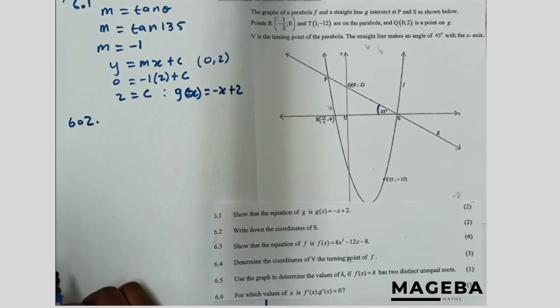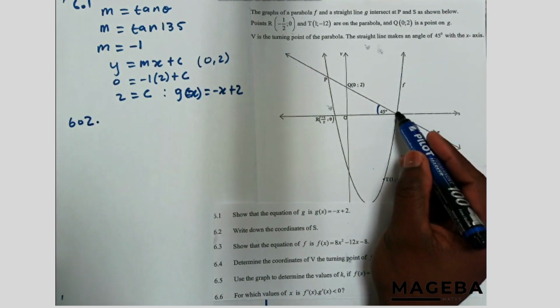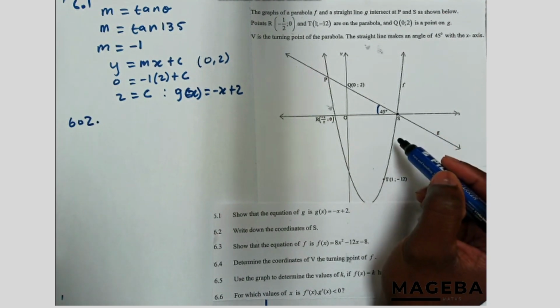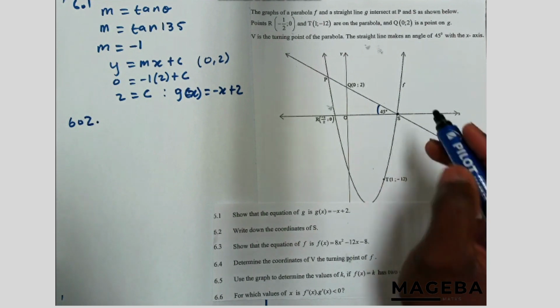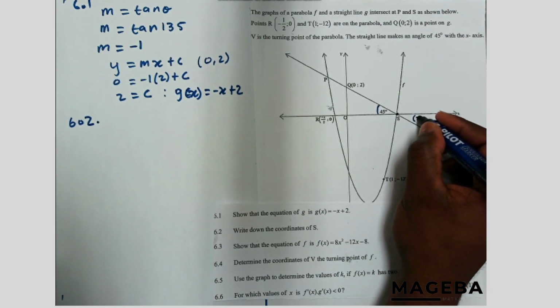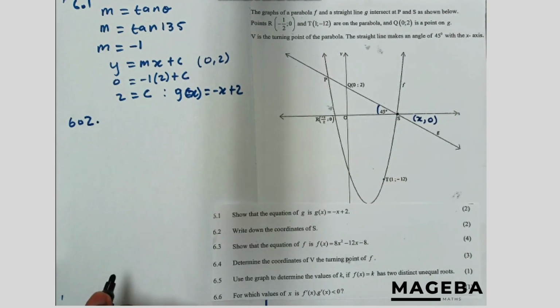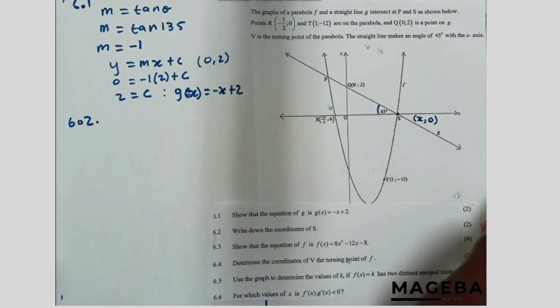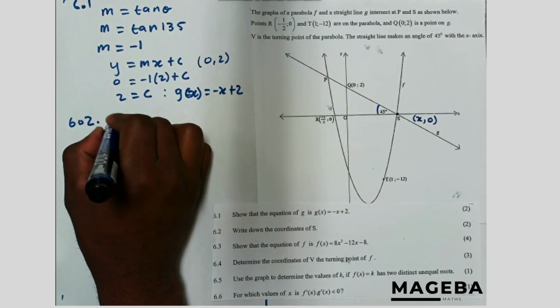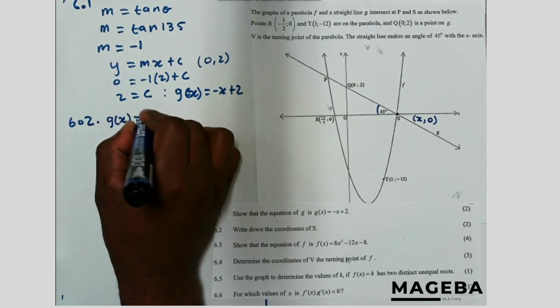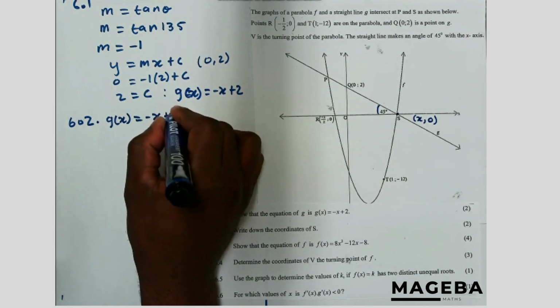Now 6.2 says write down the coordinates of S. What is the coordinate of S? It's here. In that coordinate of S, there's something that we know: y is 0. So we don't have x, but we know y is 0. This point is on the straight line, and we already have the equation of the straight line, which is -x plus 2.